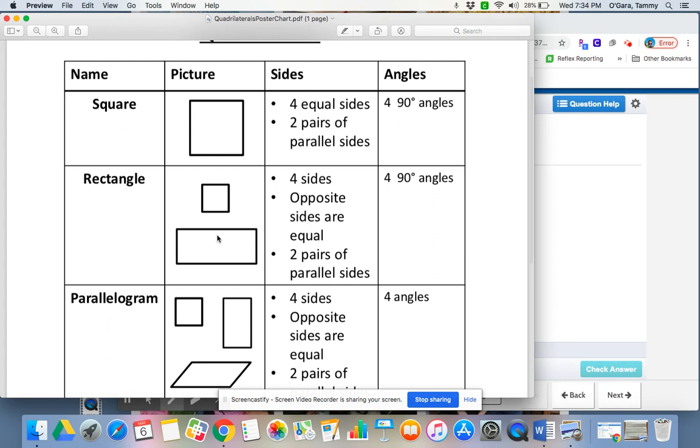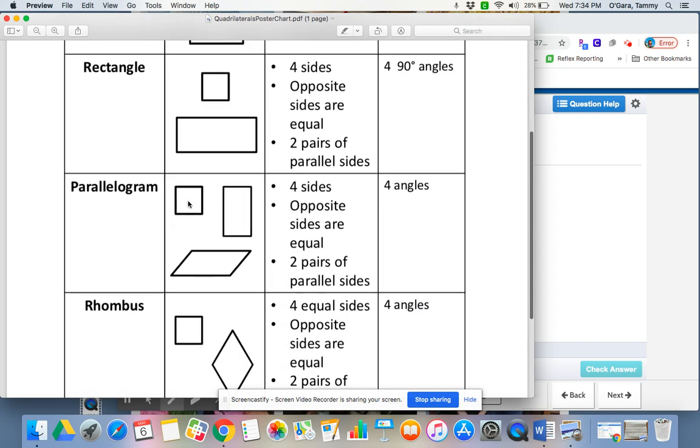But then I also see square down in the rectangle. A square is a specific type of rectangle because it has four sides, opposite sides are parallel to each other, and it has two pairs of parallel sides, and the opposite sides are equal, which means that the two sides that go horizontally are the same length, and the two sides that go vertically are the same length.